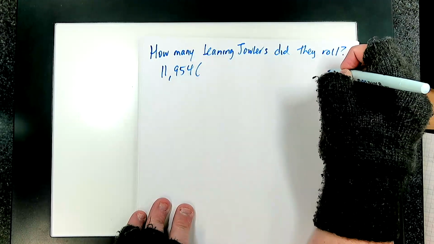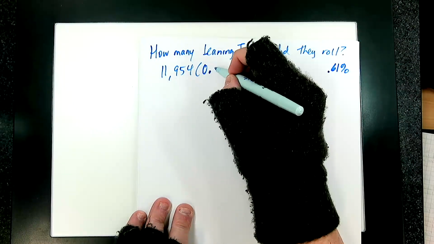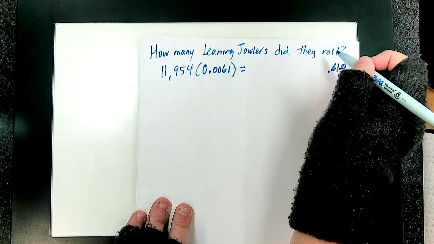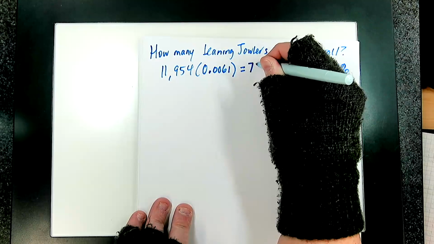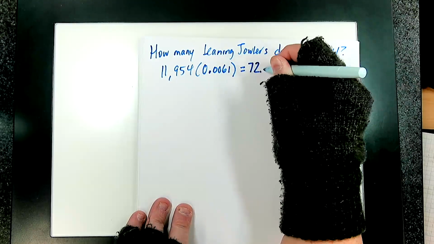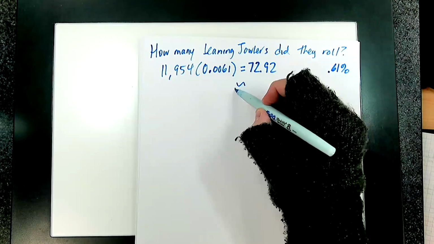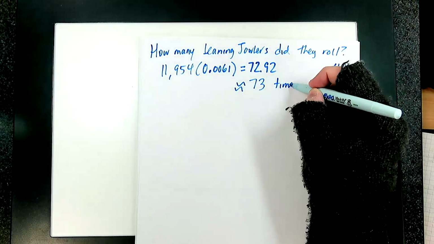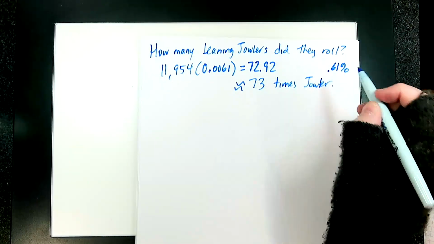It was 0.61%, so as a decimal, we need to move that decimal over twice. And what was it before rounding? 72.99, or 92. So we'll round up to 73 pigs. 73 times they threw this leaning Geller out of 11,954.